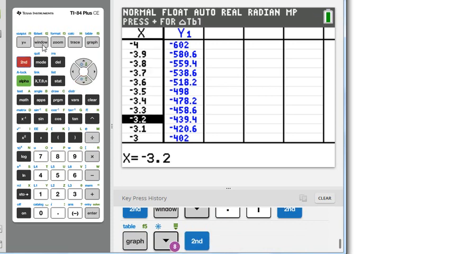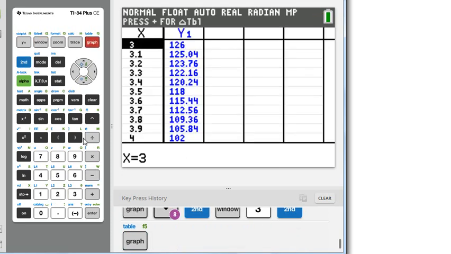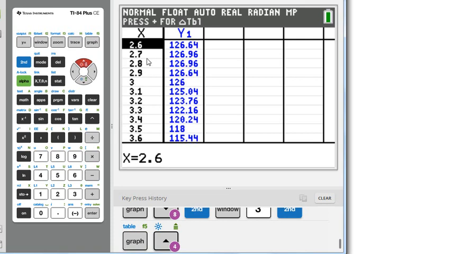I'm going to set the table start at 3 just to get closer to what we're looking for. So here at 3 we see 126, but if we go to around 2.7, 2.8, we get close to 127.